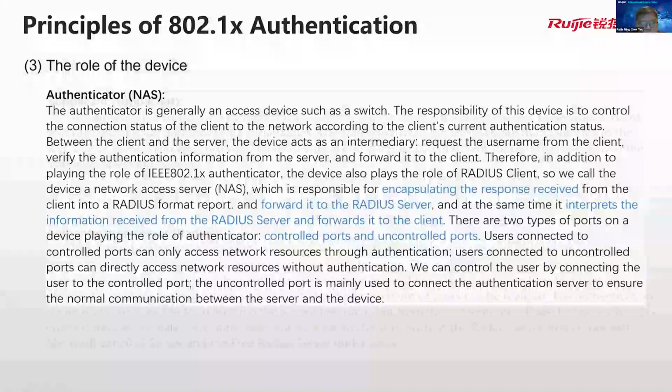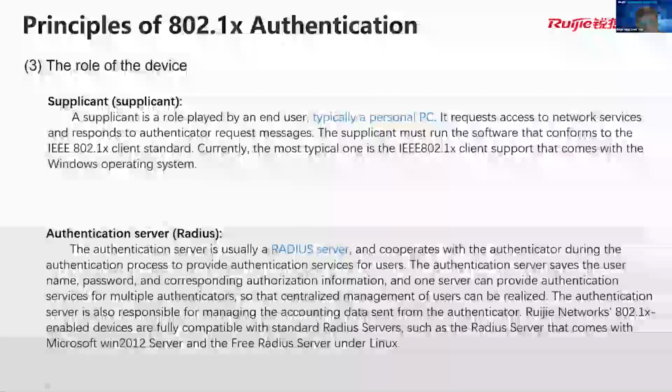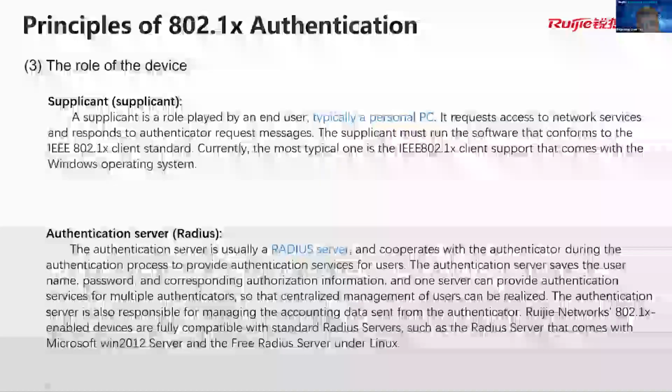Next will be the supplicant. The supplicant, like in the diagram just now, will be the end user, typically a PC or internal PC. When it wants to access the network, it will be required to do some authentication before getting into the network. And the next, the authentication server, will be our Radius.